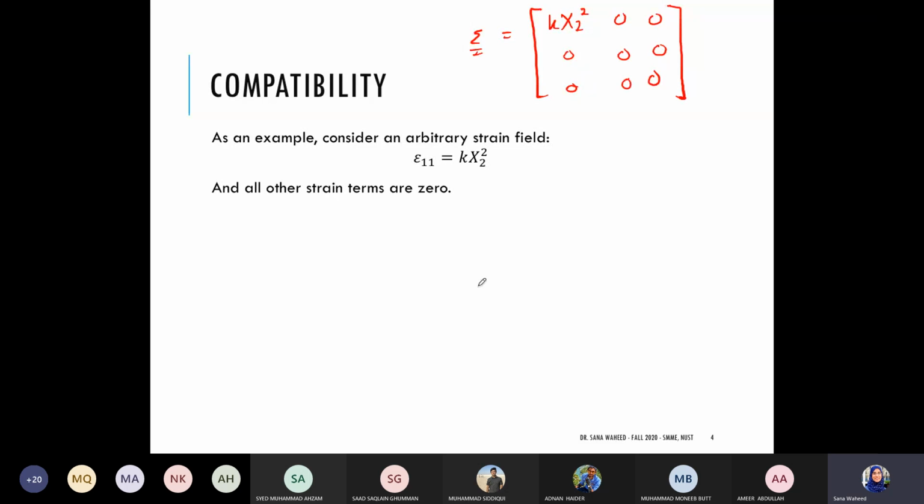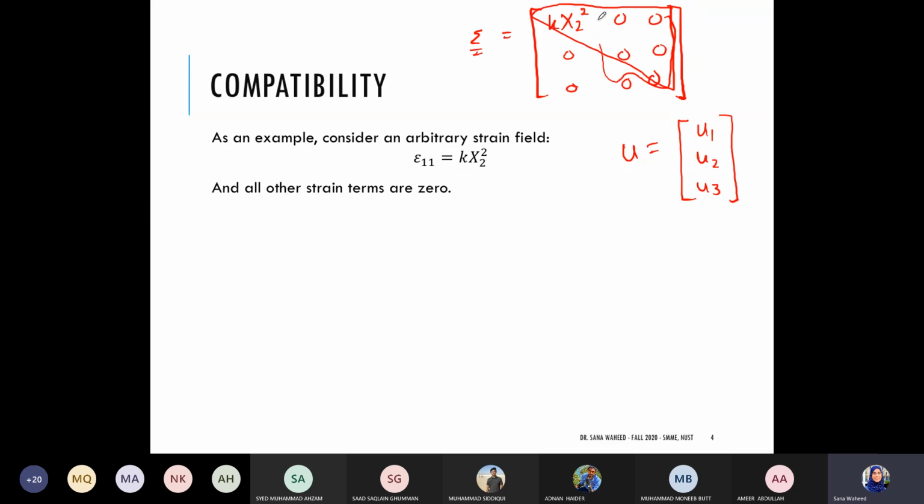Now if you just look at it like this, and you don't know that this strain was supposed to come from a displacement field, u1 u2 u3, some displacement which caused this strain, or you had not thought about this, that I have 6 components, the triangular part is what I needed.